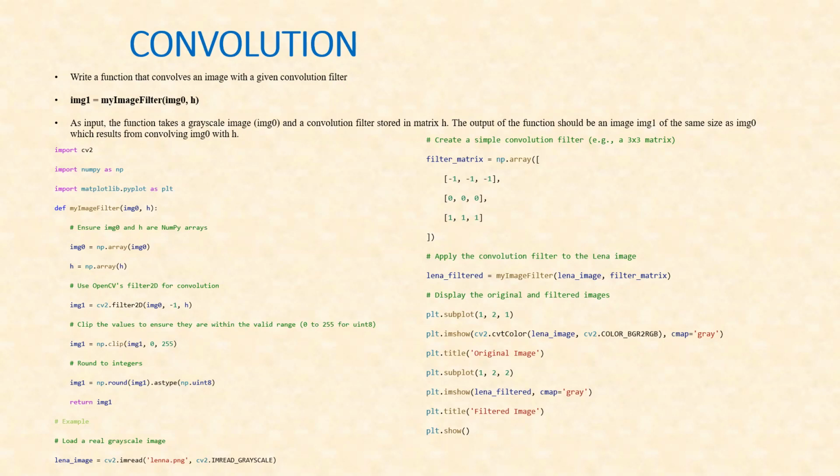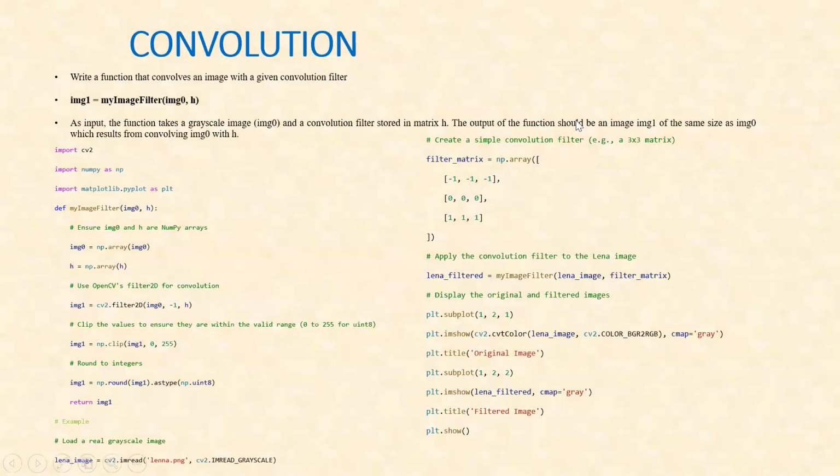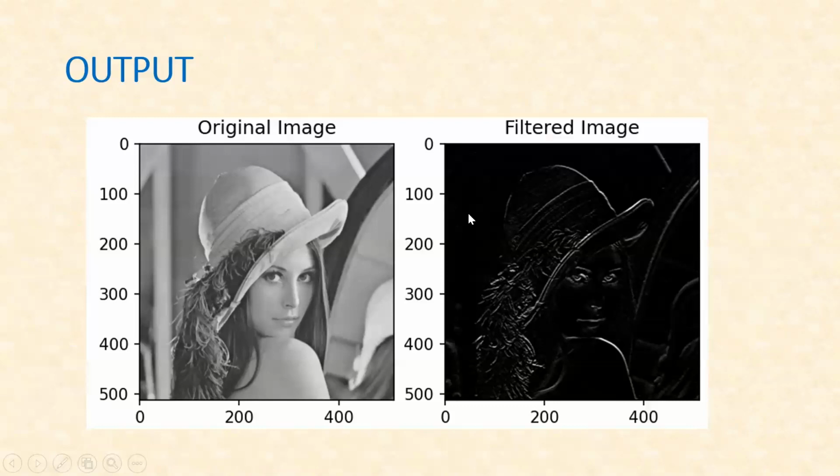That convolved value replaces the center pixel in the image. So here we are filtering. This is the original image, and here we are filtering the image. And this is the Python implementation. It was a question within the assignment, and this is the Python implementation of that code.